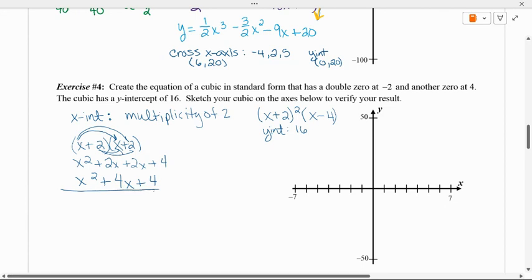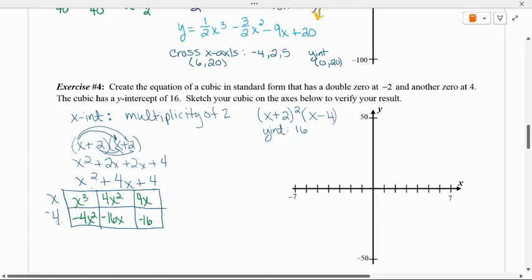That's just what happens when I took the quadratic portion of this function, the multiplicity of 2. Now I have to multiply this by the x minus 4, my other factor. So x times x squared is x cubed. x times 4x is, x times 4 is, -4 times x squared is, -4 times 4x is, and -4 times +4 is.